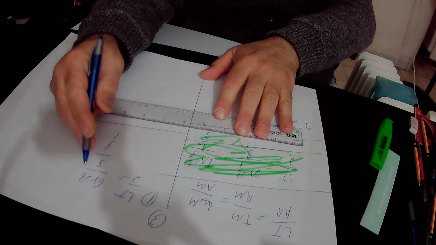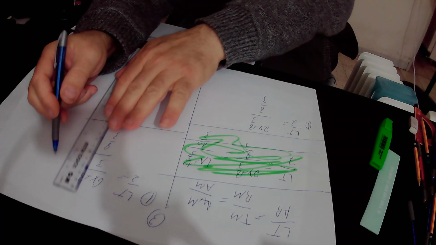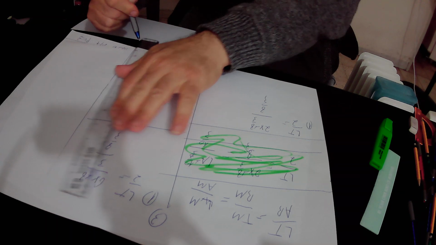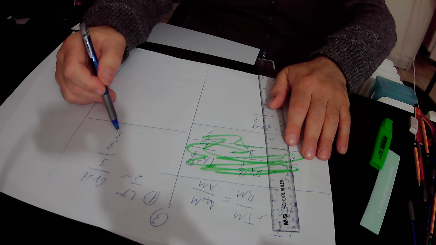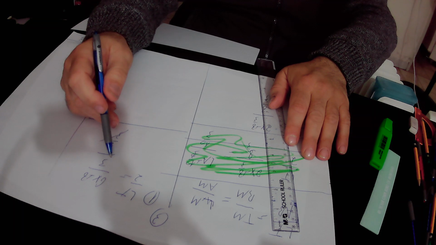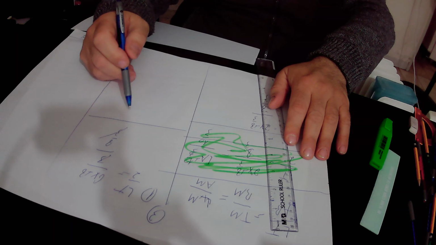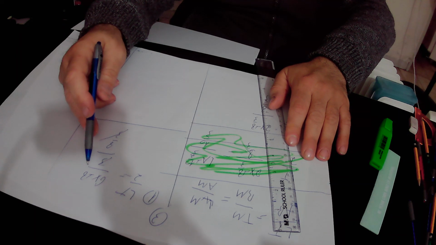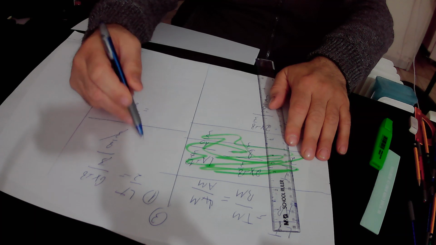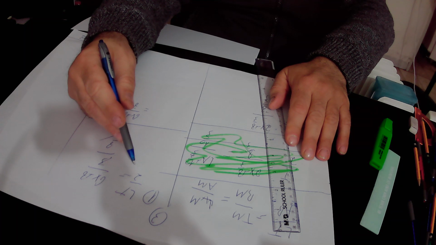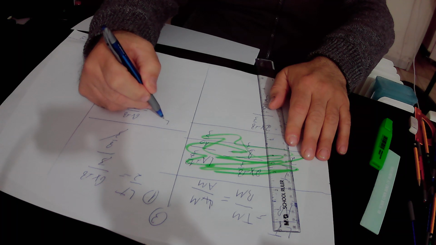We have 3 in the numerator and 3 in the denominator, so 3 gets cancelled. We are left only with 6x plus 8 divided by 8, and it equals the other side of equation 1, that is LT over 2.